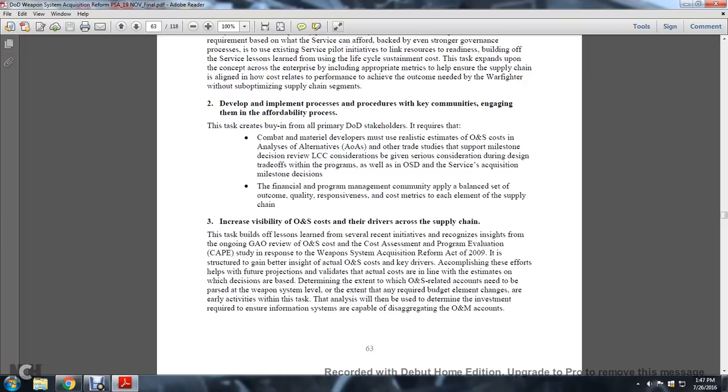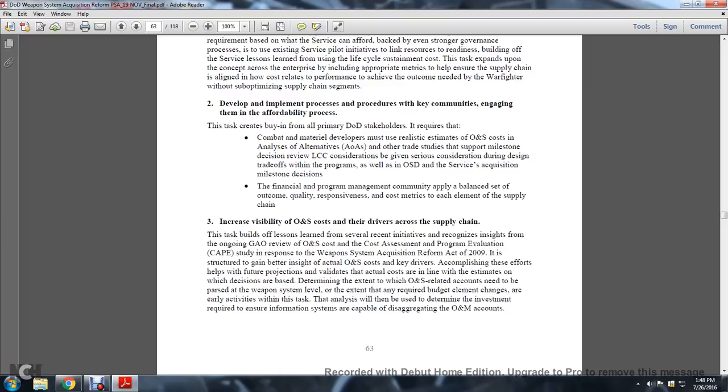Three: increased visibility of the O&S costs and drivers across the supply chain. The task builds on lessons learned from several recent initiatives, recognizing the insight from the ongoing Government Accountability Office reviews of the O&S costs and the Cost Assessment and Program Evaluation (CAPE) office.